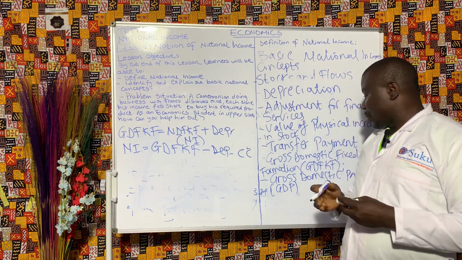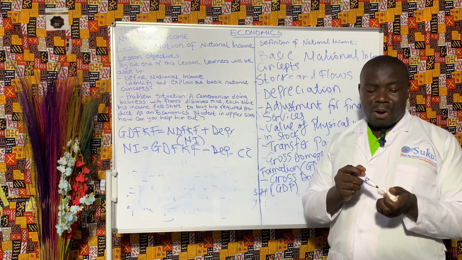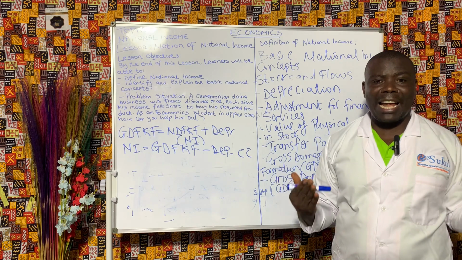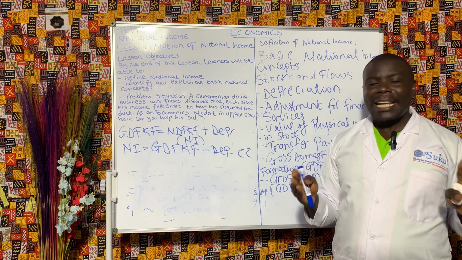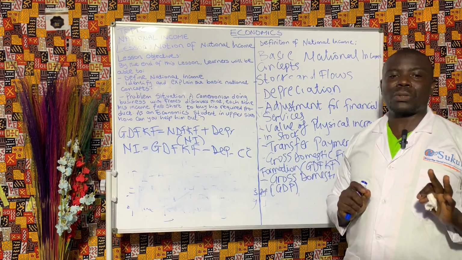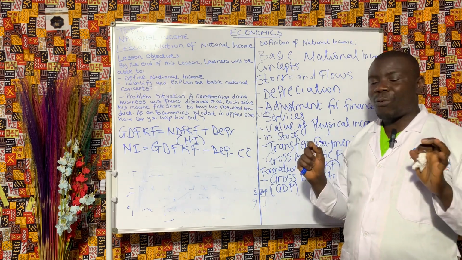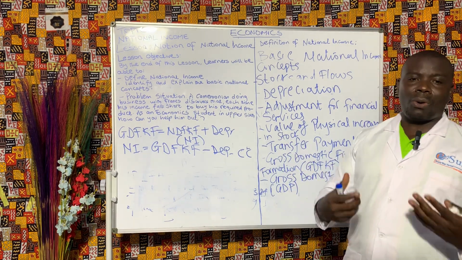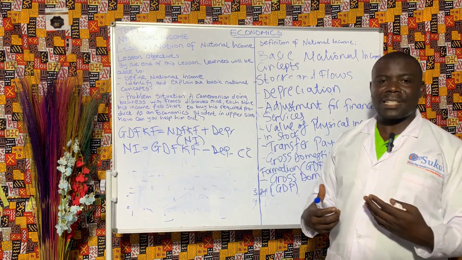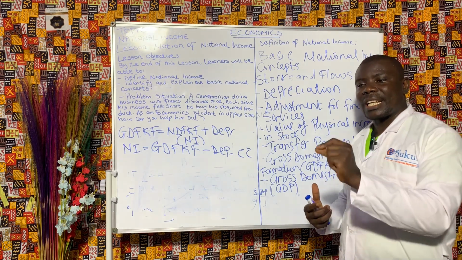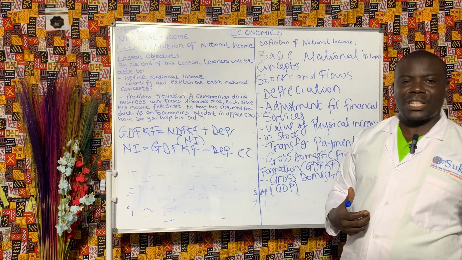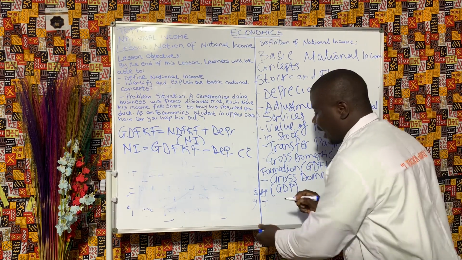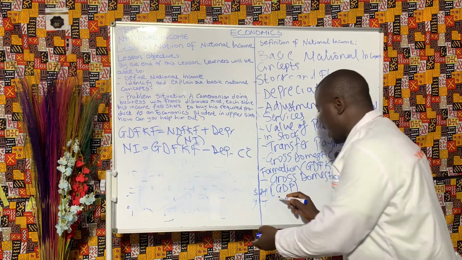It is the total monetary value of goods and services that is produced within the national economy, regardless of who owns the output. Take note, the output can be owned by nationals or foreigners, but so long as they are produced in the domestic economy, it constitutes the gross domestic product. Following the gross domestic product is the gross national product.